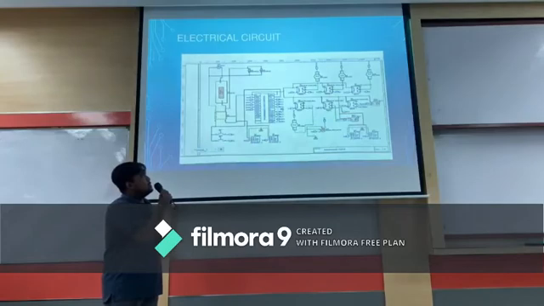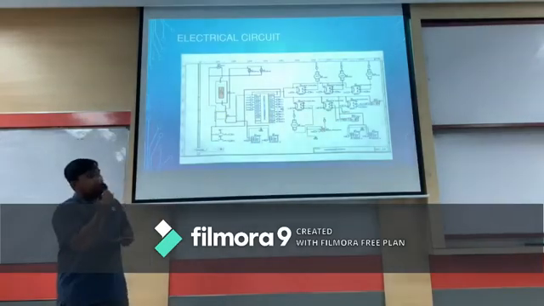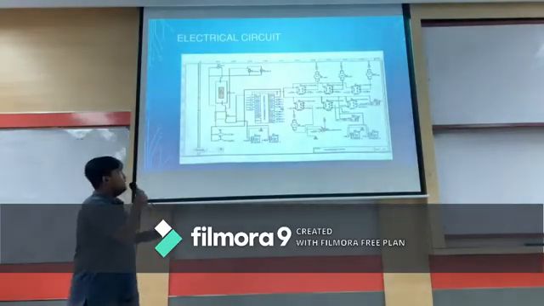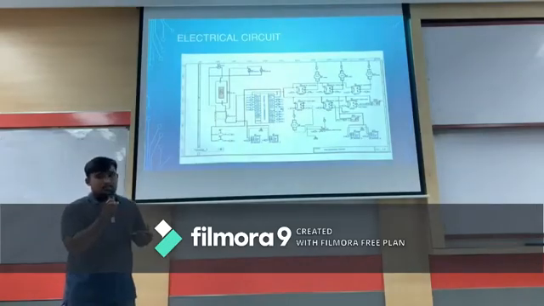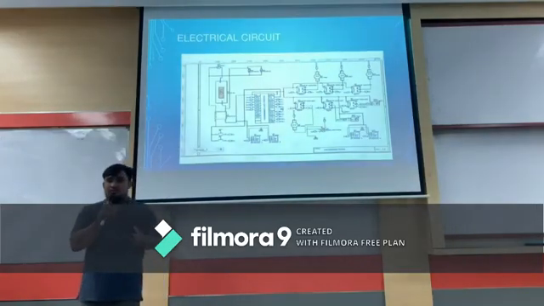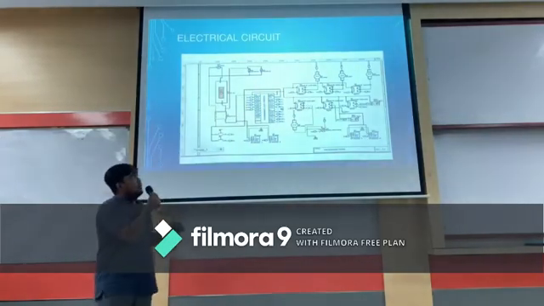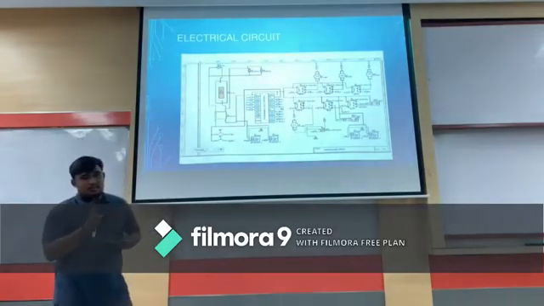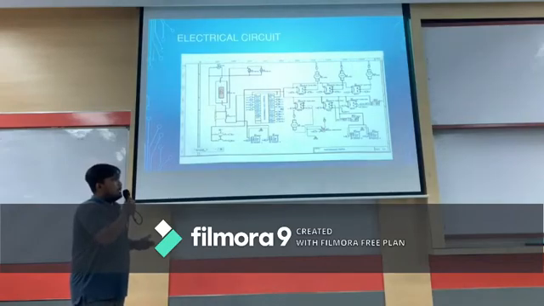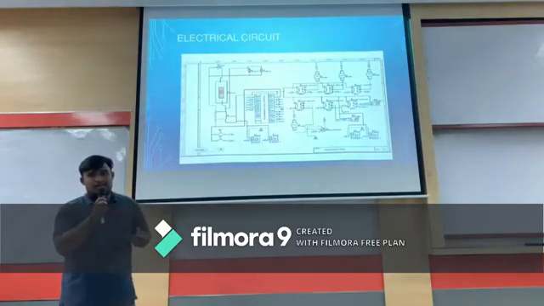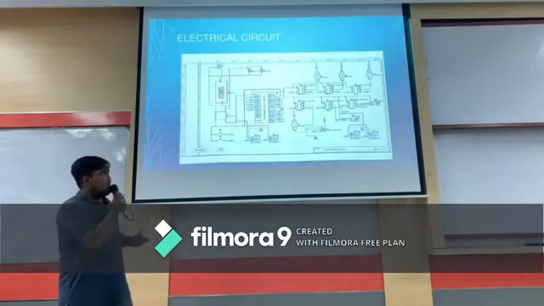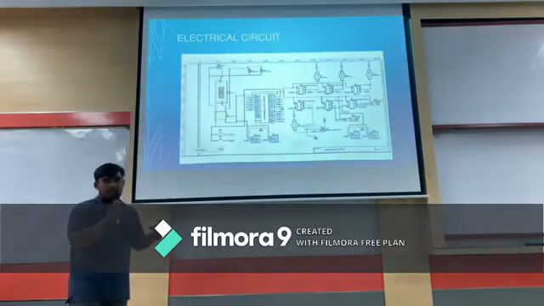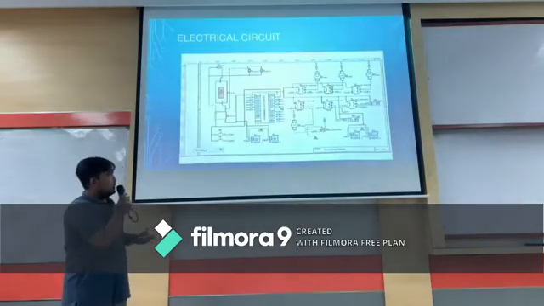Then we use 9 outputs. We have 4 DC motors, 2 of which are 24 volt and the other 2 are 12 volt. Then we have 2 servo motors at the feed part, and a stepper motor at the shrink part.